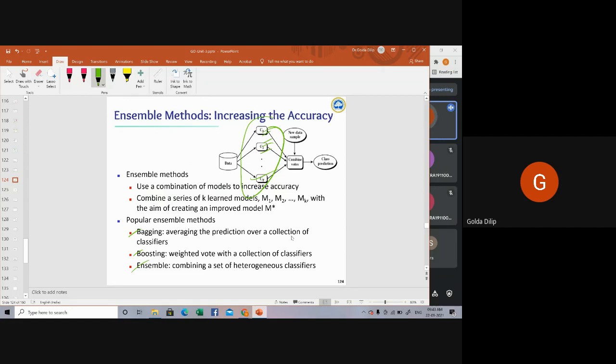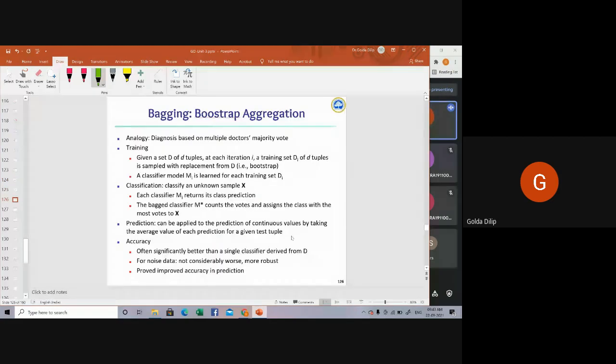The first one is called bagging. Bagging is nothing but bootstrap aggregation, that is, bootstrapping plus aggregation together is called bagging.